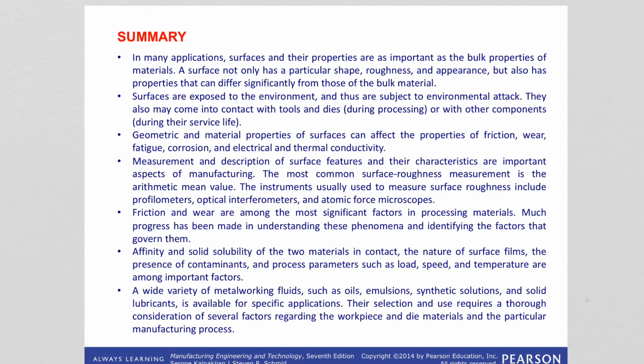So we also learned the types of metalworking fluids, what they are, and when we are selecting metalworking fluids, what we should be thinking about and what we should be careful about. And with this is the end of this chapter.